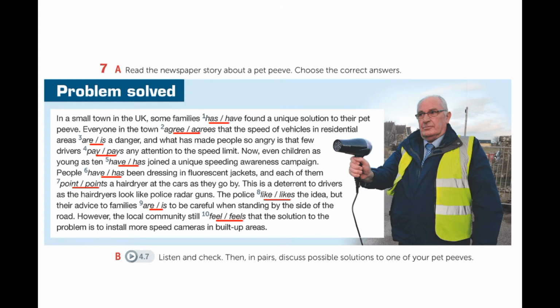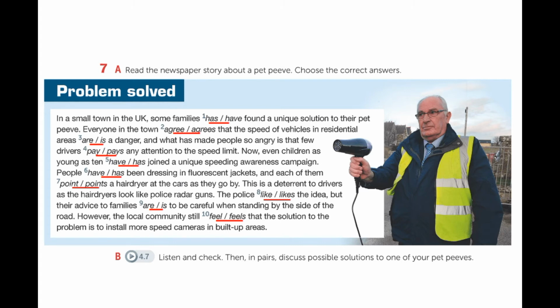People have been dressing in fluorescent jackets, and each of them points a hairdryer at the cars as they go by. This is a deterrent to drivers as the hairdryers look like police radar guns. The police like the idea, but their advice to families is to be careful when standing by the side of the road. However, the local community still feels that the solution to the problem is to install more speed cameras in built-up areas.